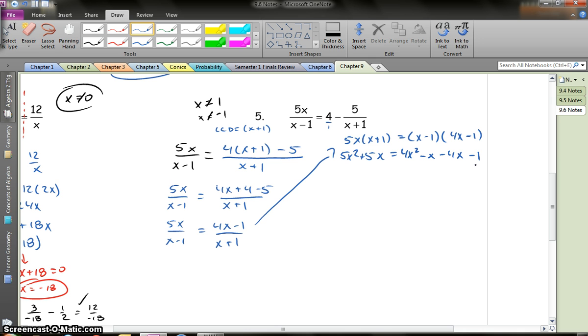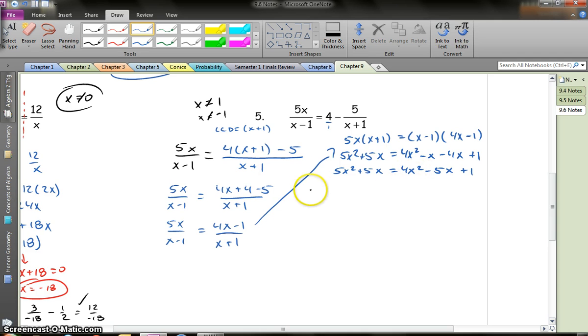So I have 5x squared, I'm going to combine my like terms on the left there. 4x squared minus 5x minus 1. I'm sorry, that should be plus 1. All right, negative 1 and negative 1 give me plus 1.